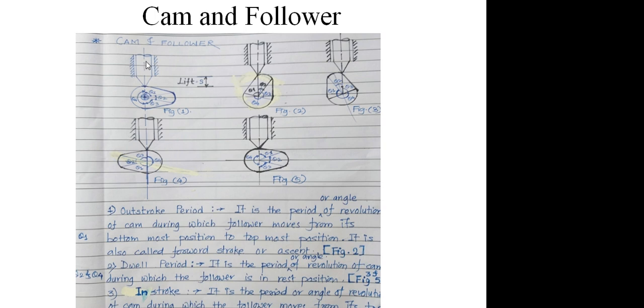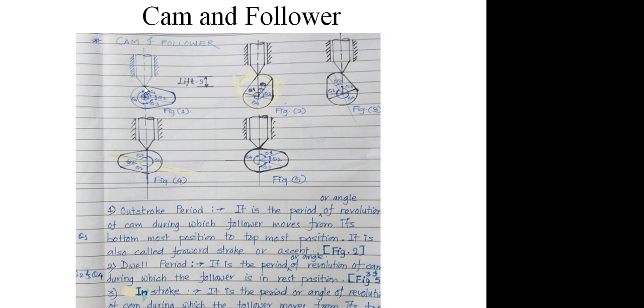You can see that this is a knife edge follower and one cam is shown here. Four angles are shown here: theta 1, theta 2, theta 3 and theta 4. Assume that this is the lowest position of follower. Why is it the lowest position?